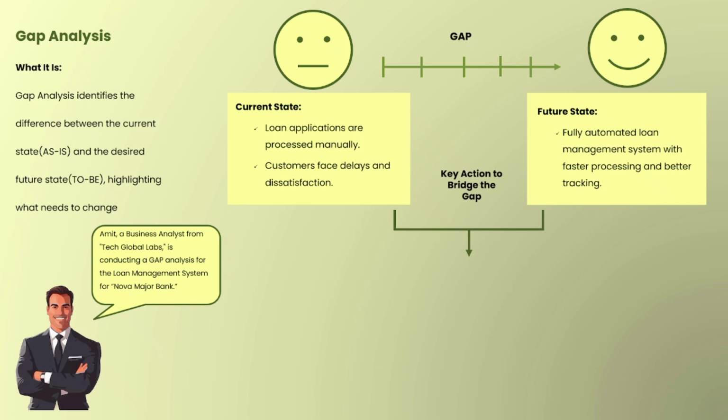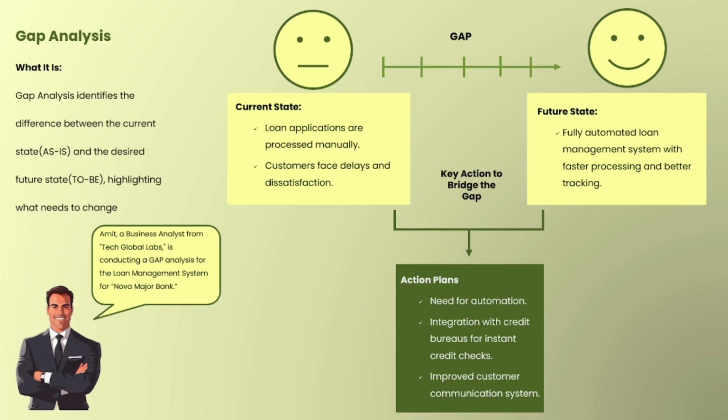Now the key actions required to bridge the gap are these. The action plans are that they want automation. Then integration with the credit bureau for instant credit check, which we have discussed in the past.